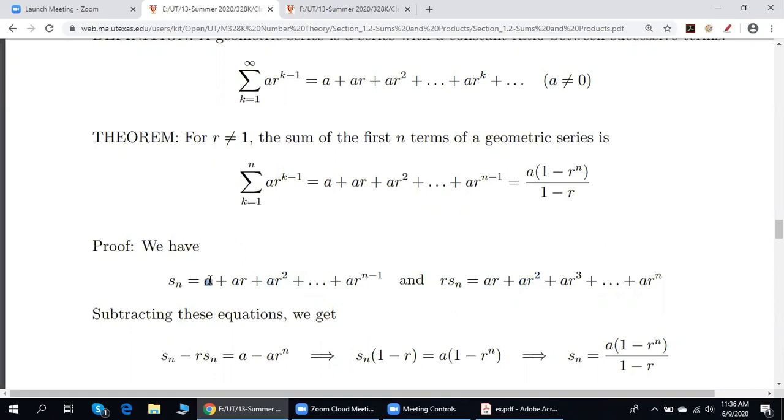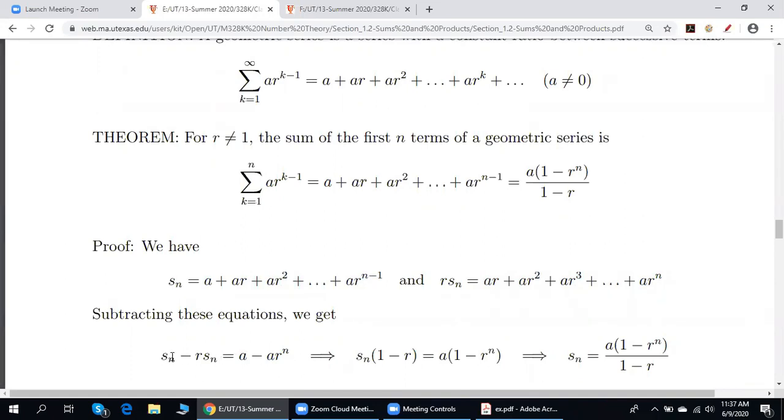a is left because there is no a here. So we put here a. Another term which is left is ar to the nth power, because there is no ar to the nth power here. So on the right-hand side, we get a minus ar to the nth power.